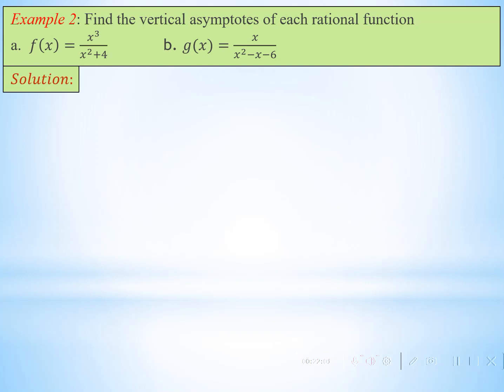The first one is a rational function with denominator x squared plus 4. This denominator has no zeros, meaning there is no value of x that makes the denominator equal 0. This is clear by solving x squared plus 4 equals 0. By moving 4 to the right side, we get x squared equals minus 4.